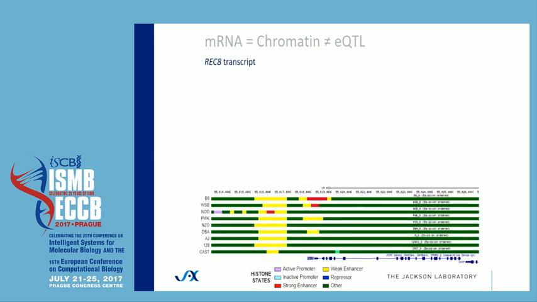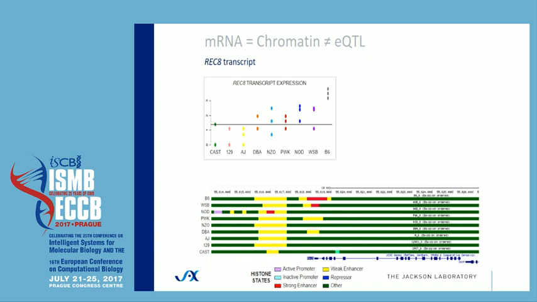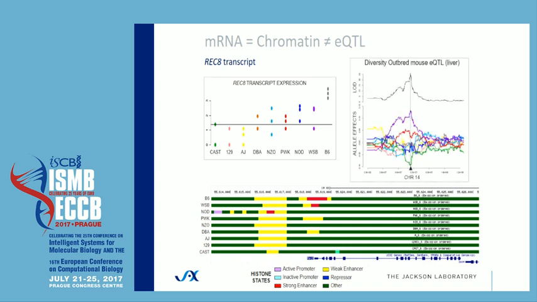So here's another transcript, REC8. It has not a lot of activity across any of the strains, but it has a bit more in black 6 and WSB, and sure enough, black 6 is the highest, really the only strain where you see a lot of expression of this gene. And so these are concordant, but if you look at the randomized background, if you look at the eQTL, you don't see that. The black 6 strain is right here in the middle with all the others.